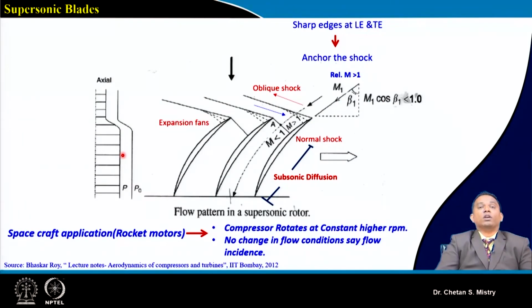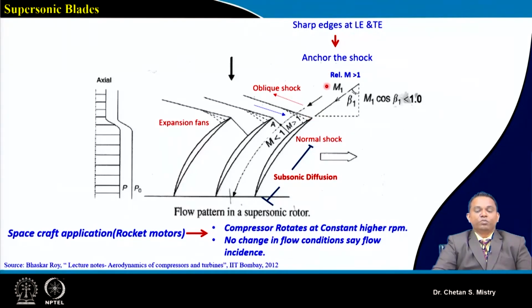Now let's try to understand what exactly is happening here. So we can say this is the aerofoil which is having a sharp leading edge. When my flow is entering at supersonic conditions, maybe in the range of 1.2, 1.4, because I'm having my sharp leading edge, the shock will be attached at the leading edge.